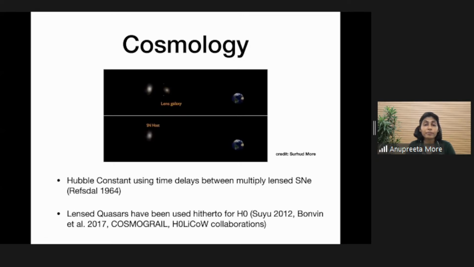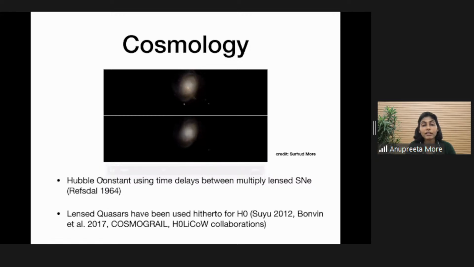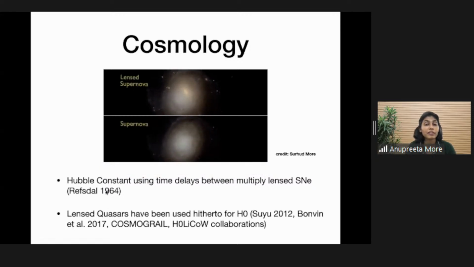So initially, in 1964, Refsdal thought about observing lensed supernovae and making use of their transient nature to measure these time delays, such that one can put a constraint on the Hubble constant.